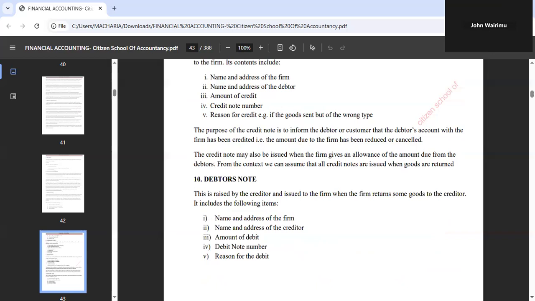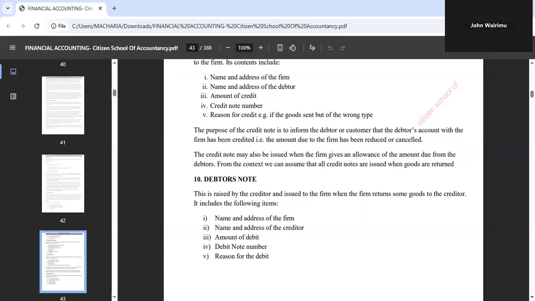The opposite of a credit note is a debit note, or debtor's note. This is raised by a creditor and issued to the firm when the firm returns some goods to the creditor. You bought the goods on credit, so the creditor is the one issuing a debit note.